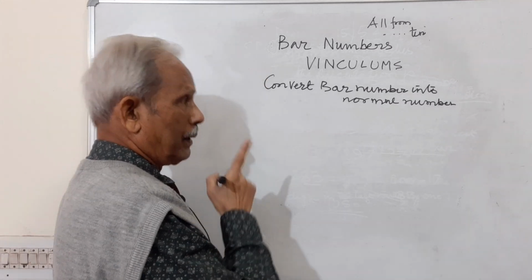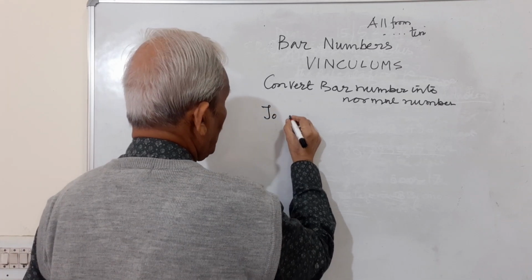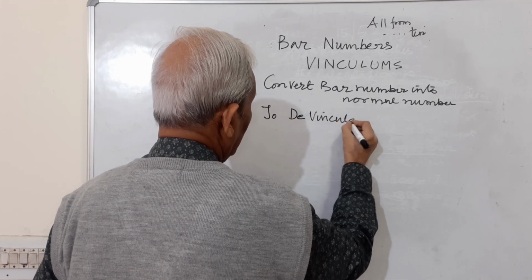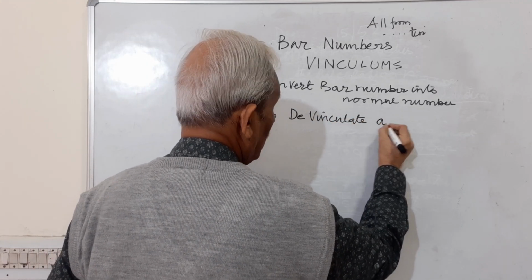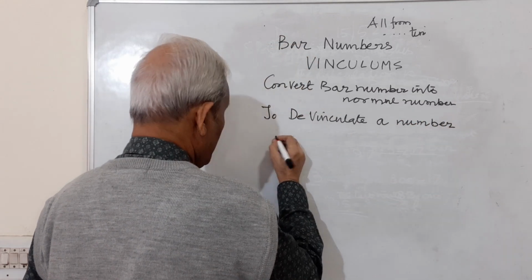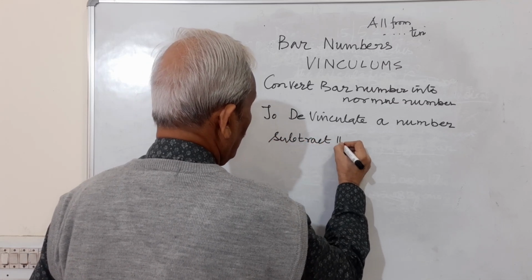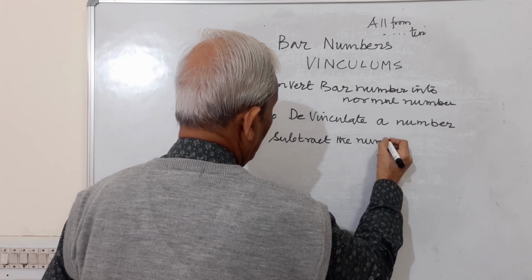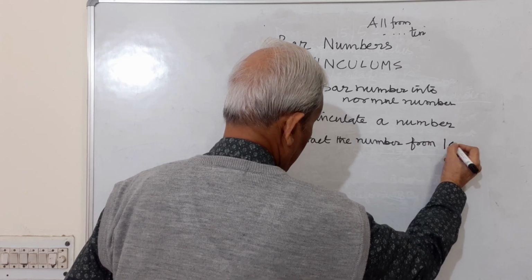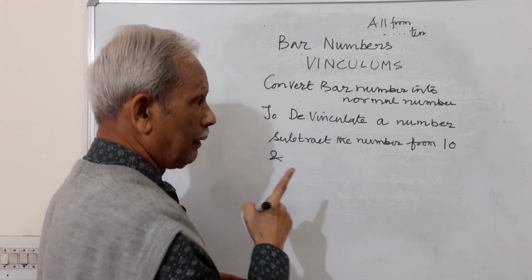Now here again I'll write the definition that how we'll do it. To devinculate a number, subtract the number from 10 and reduce here.